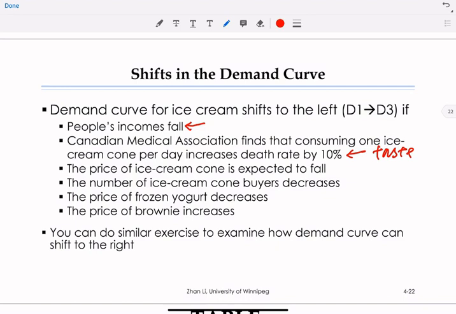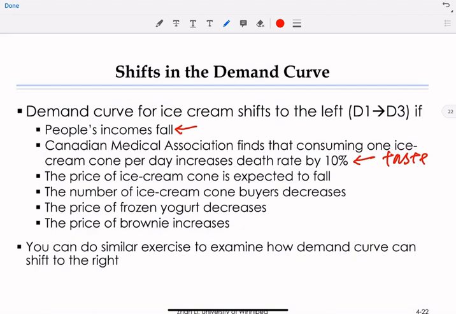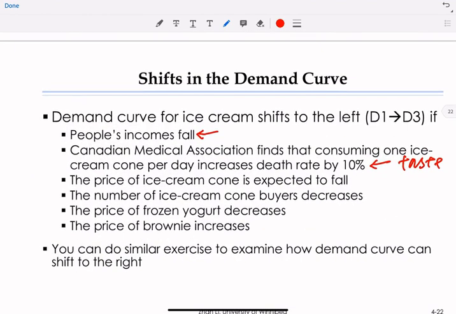So in this case, your taste changes. And because of the change in your taste, there will be a shift in the demand curve, right? In this case, because your fondness for ice cream decreases, the demand curve for ice cream moves to the left. By the way, of course, for the first case, the factor is income.